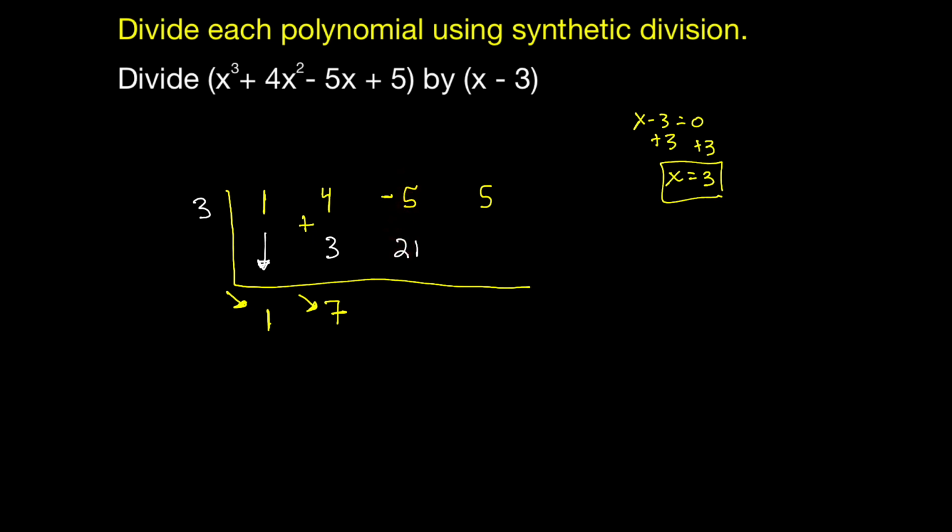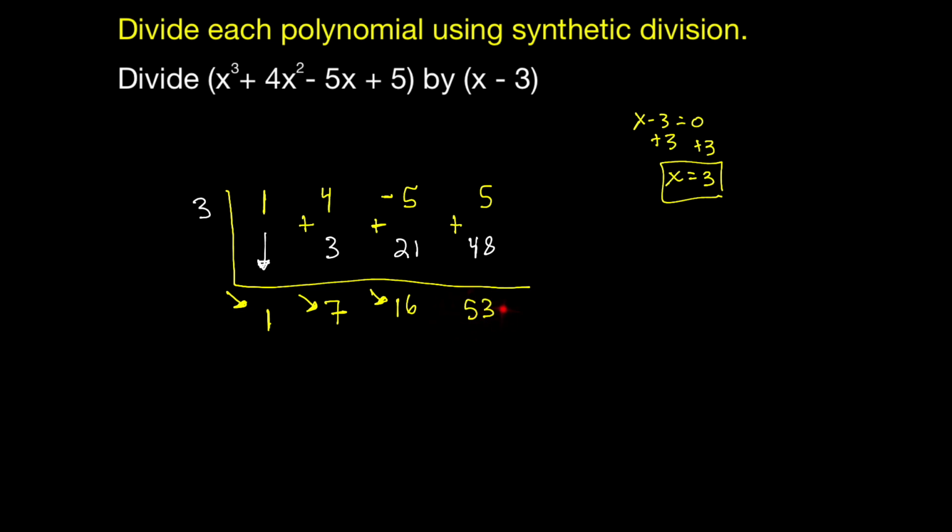So negative 5 plus 21, we're going to get a positive 16. I'm going to do this one more time. I'm going to multiply the 3 with the 16. So 3 multiplied with 16, I am going to get a 48. And now I'm going to add these two values, 5 plus 48, we're going to get a 53.